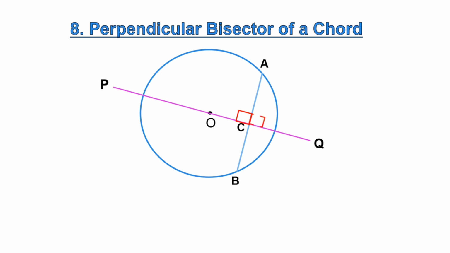If that's the case, we can conclude that angle ACP is equal to angle ACQ, also equal to angle QCB, and angle BCP. They are all equal to what? 90 degrees, a right angle.